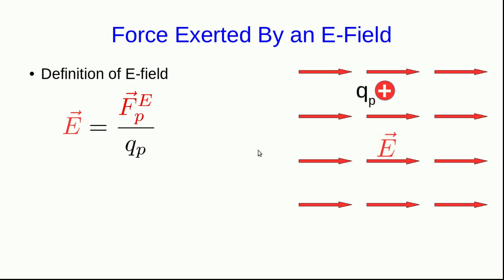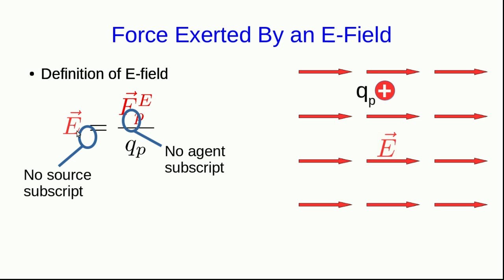We often talk about the force exerted by an electric field, and this is sort of a shorthand. Here's the definition of the electric field, but as I've written it, there are some things missing. Notice that there's no source subscript on the E field, and that there's no agent subscript on the force.